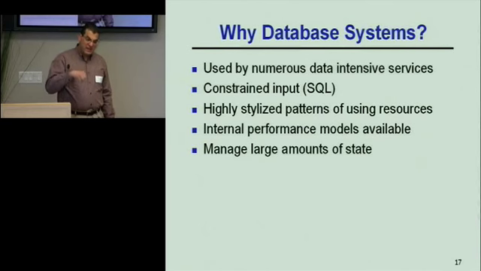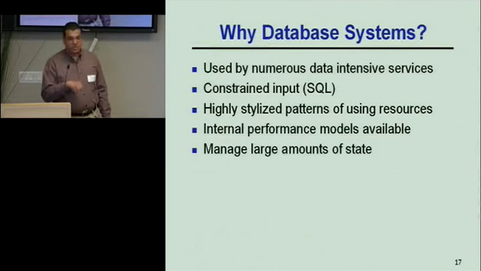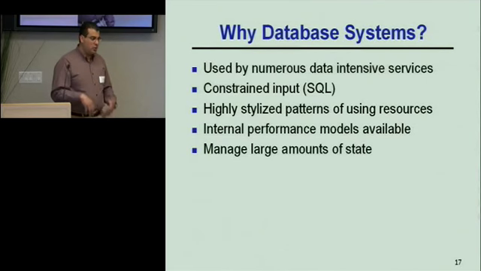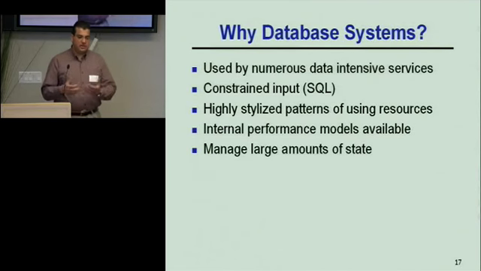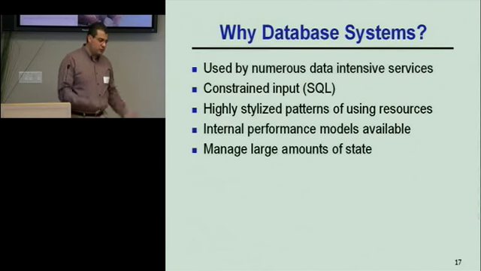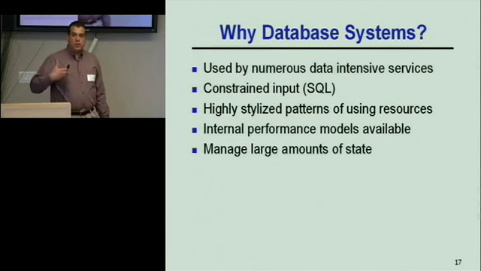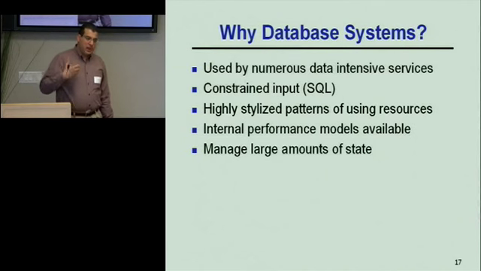And database systems have their own internal models of performance. They have a query optimizer that chooses the best execution plan, and it has a model of performance. They have memory managers that have models of performance, and so on. So basically, when we talk about application-informed tuning, the way we're going to get information from the database system, at least in the first part, will be by exposing these performance models.